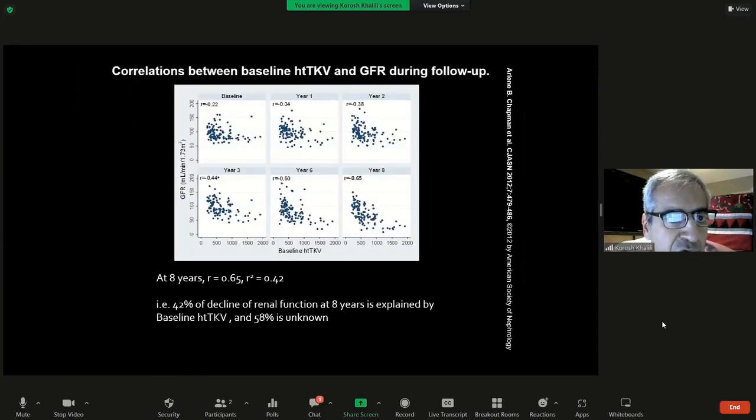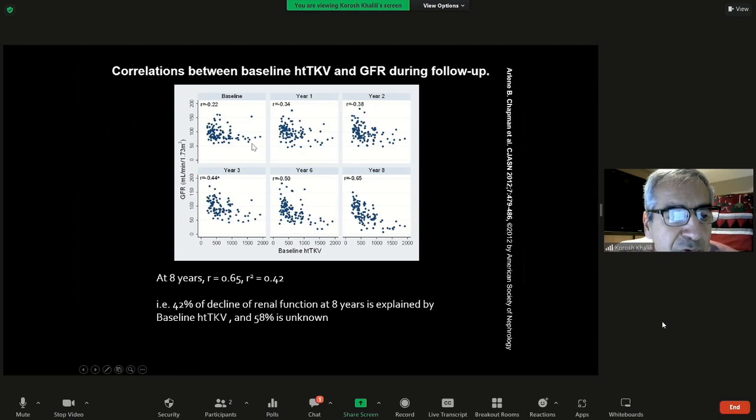So just going back to the total kidney volume, it's not just the total kidney volume itself, but it's the total kidney volume that's adjusted for the patient's height and also for the patient's age. So height and age adjusted total kidney volume. And this excellent study from the Mayo Clinic basically showed that when we looked at the kidney volumes as compared to kidney function, there was not a great degree of correlation.